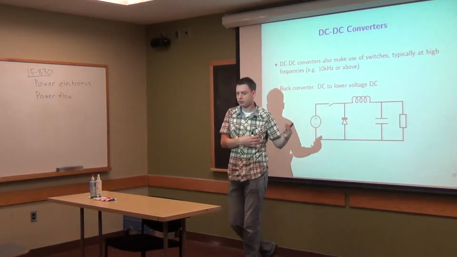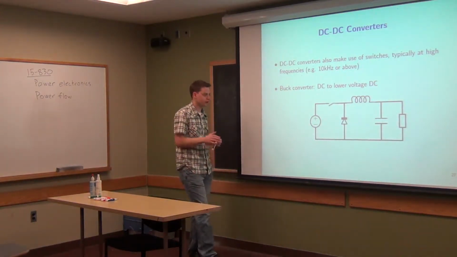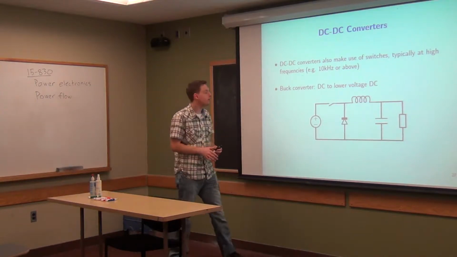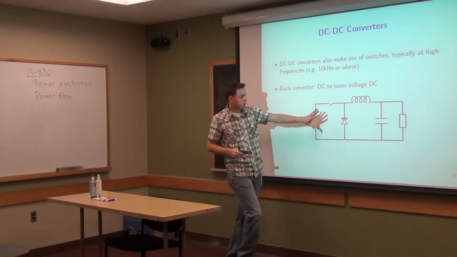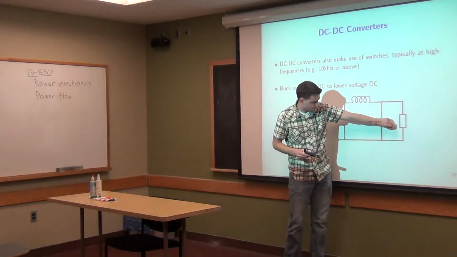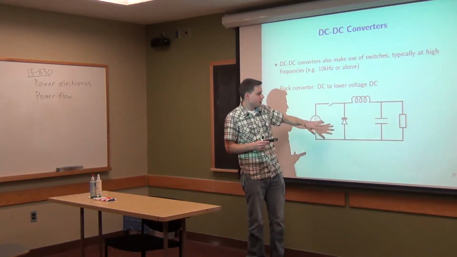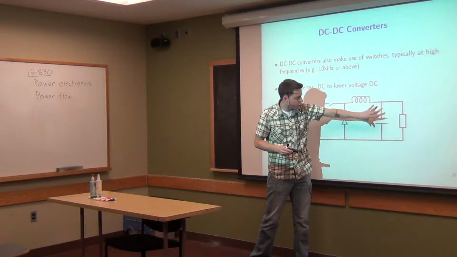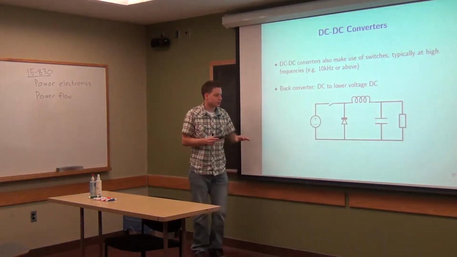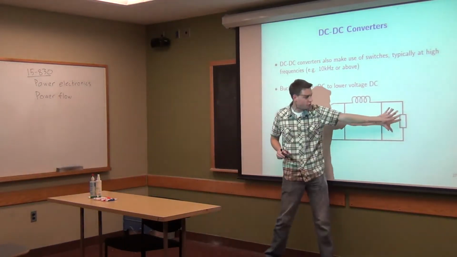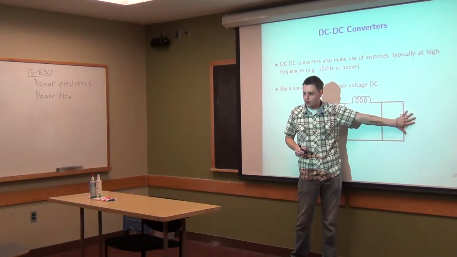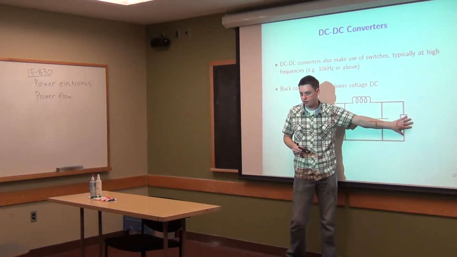There's just power. So all these elements don't burn any power. And because of that, if you drop the voltage here, you're going to have to increase the current over here too. The power of the circuit cannot change.